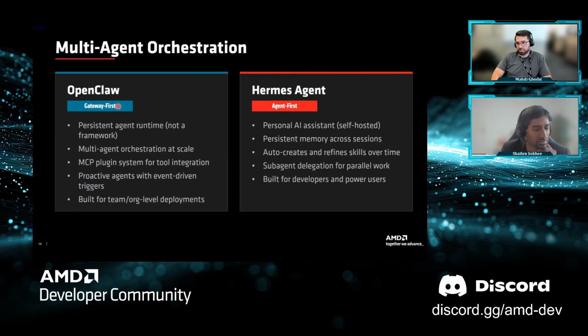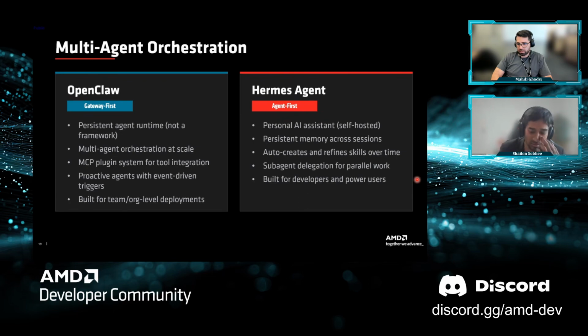OpenClaw being a gateway first, basically what that means is it's a persistent agent runtime. It's not just a framework that you import, but it's always running on your system. It handles multi-agent orchestration at scale. It supports the tooling aspect through MCP calls and expansive integration into various tools like Slack, Discord, and so on.